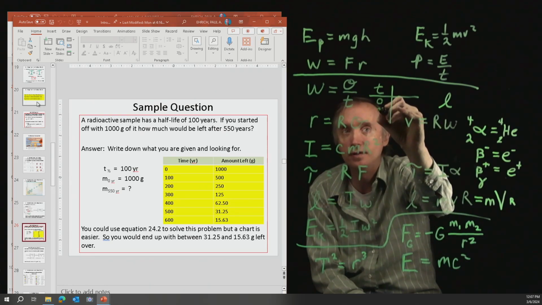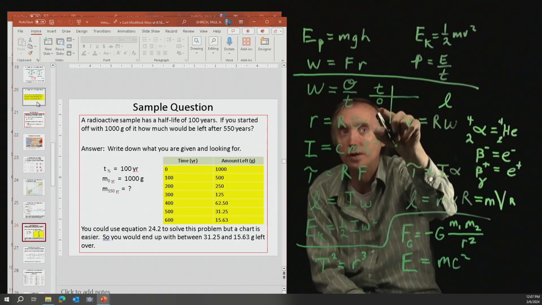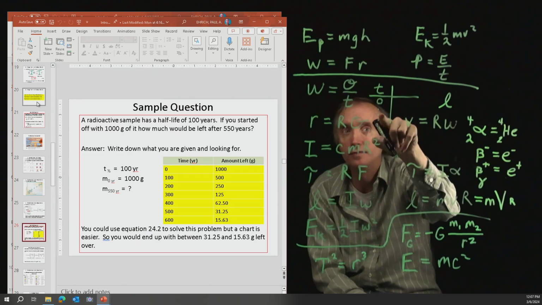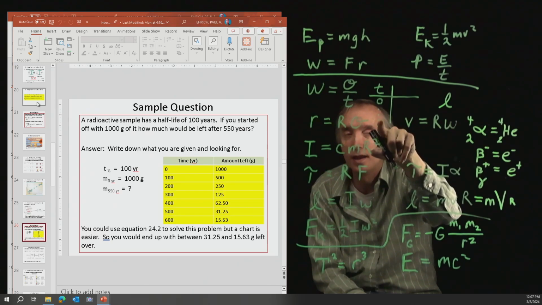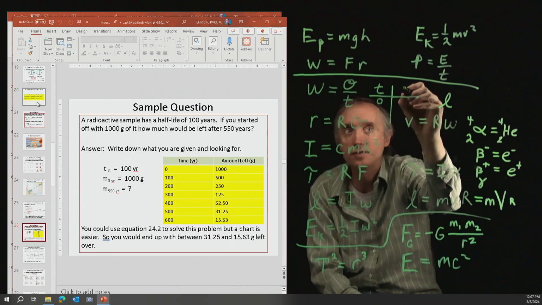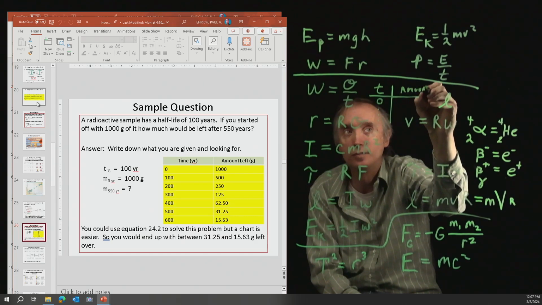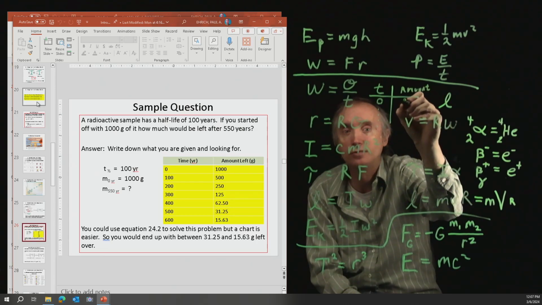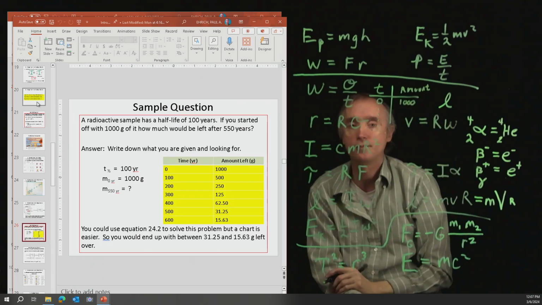Underneath this, you're going to put the half-lives: at the end of 1 half-life, 2 half-lives, 3 half-lives. Over here you start with whatever amount of material. In this particular case, you started with 1,000 of something.